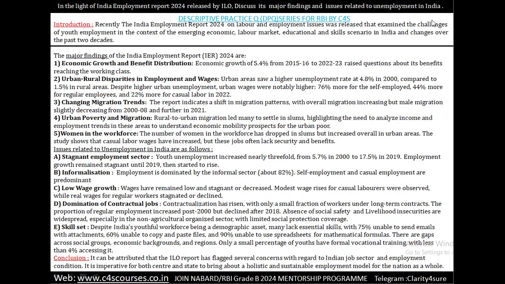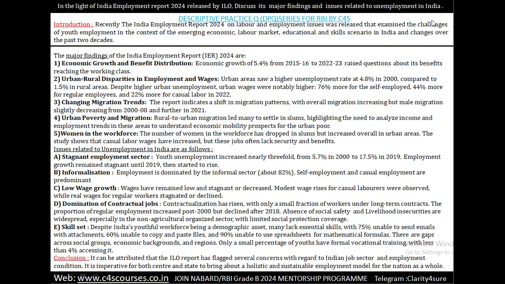The next point is the urban-rural disparity. It says that there is a urban-rural disparity both with respect to employment and wages. Urban areas saw a higher unemployment rate in 2000 compared to 1.5% in rural areas.